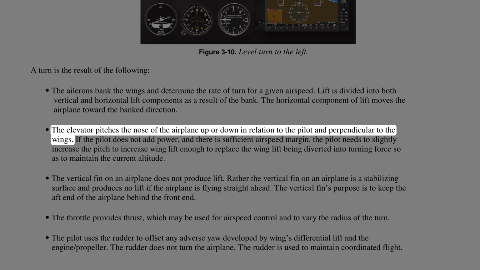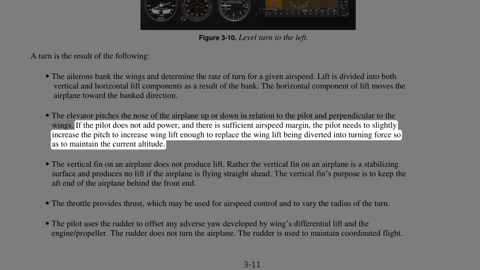The elevator pitches the nose of the airplane up or down in relation to the pilot and perpendicular to the wings. If the pilot does not add power and there is sufficient airspeed margin, the pilot needs to slightly increase the pitch to increase wing lift enough to replace the wing lift being diverted into turning force so as to maintain the current altitude.